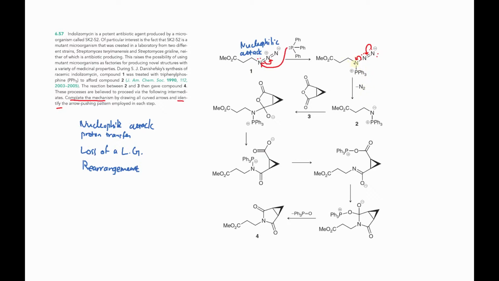Okay, there is also an implied lone pair here. So over here I have two lone pairs of electrons. And that nitrogen is going to go away by breaking that bond.